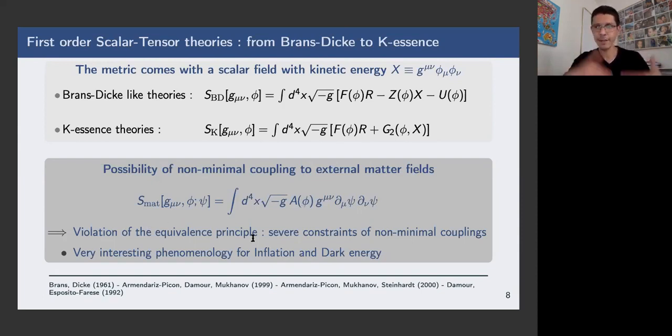It leads to violation of the equivalence principle that can be severely constrained by observations. But nonetheless, even though this kind of coupling has been studied and constrained a lot, the phenomenology behind these theories is very interesting, especially for inflation and dark energy. So these are kind of classical scalar-tensor theories.